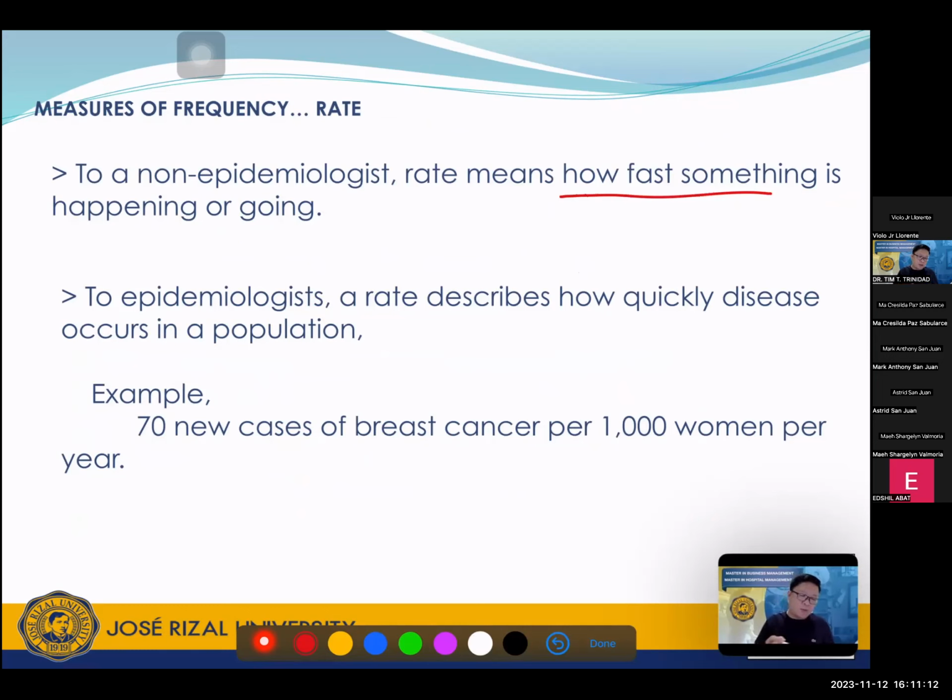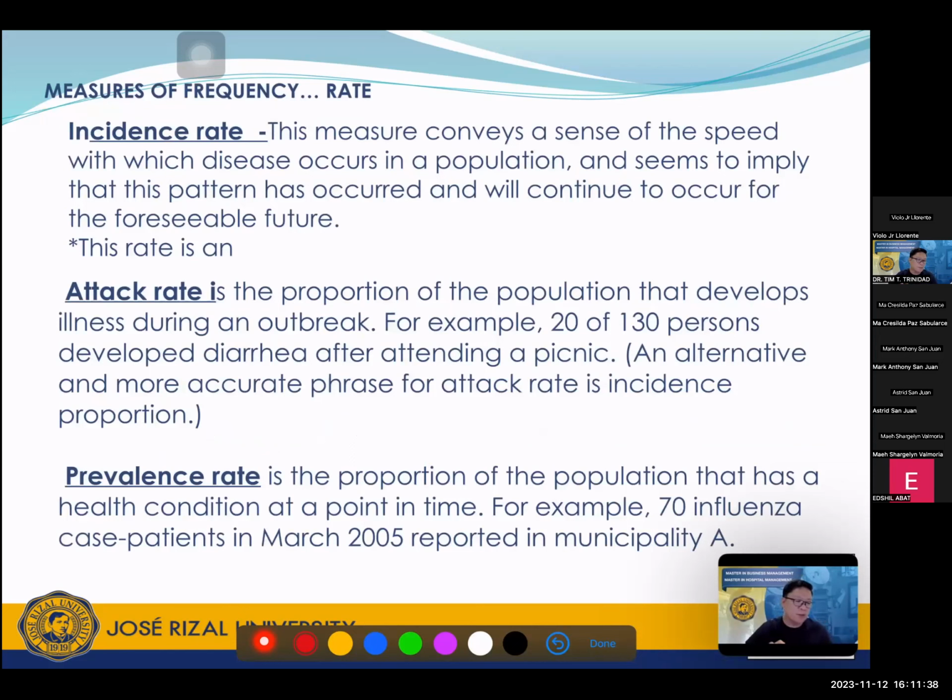But for you being researchers, okay, this will describe how quickly a disease occurs in a population. Like for example, 70 new cases of breast cancer happen for every 1,000 women. So your rate is, there are 70 cases that come every year for every 1,000 women. Okay, so that's how you will describe the rate.